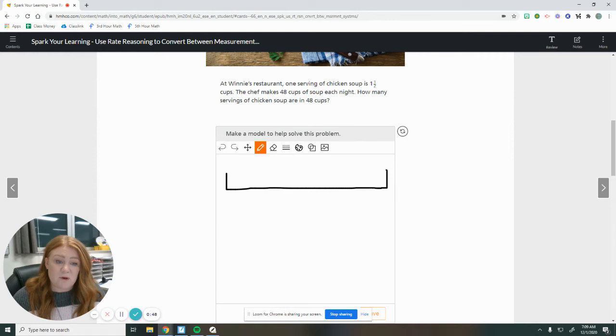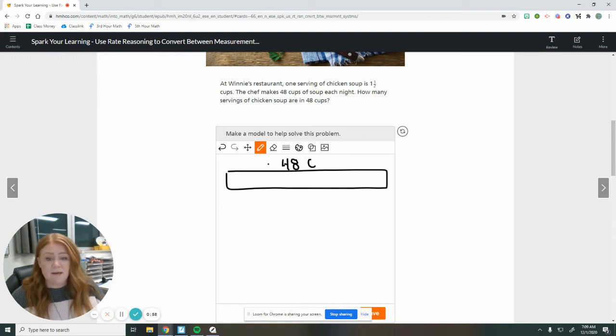So I'm going to draw this giant bar here and label it as 48 cups. And then I know that one person orders and they get a serving. That's 1.5. And then the next person orders and they get 1.5.